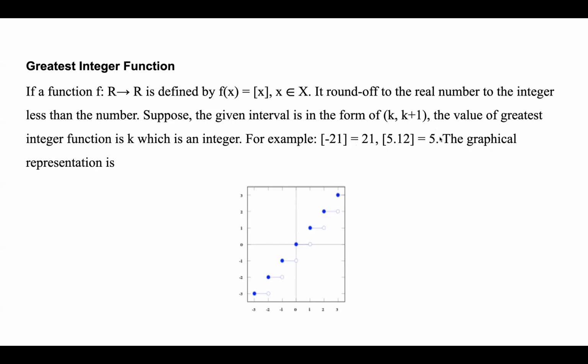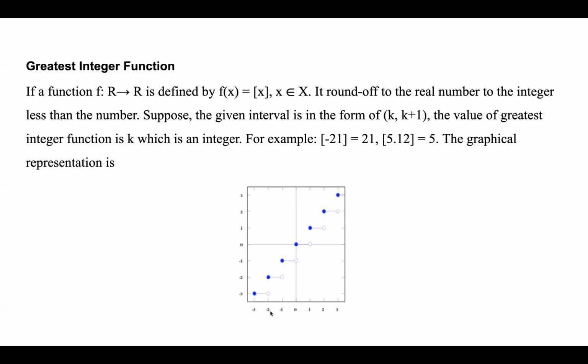The graphical representation is like this. We can see here, for -4, 4 is there. Here x values are 0.